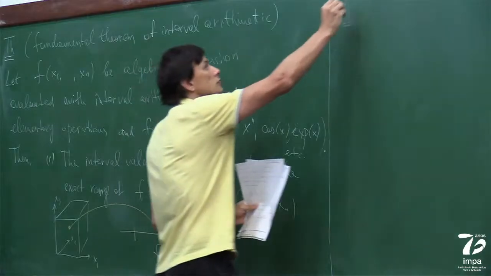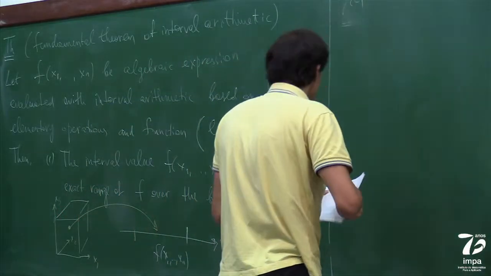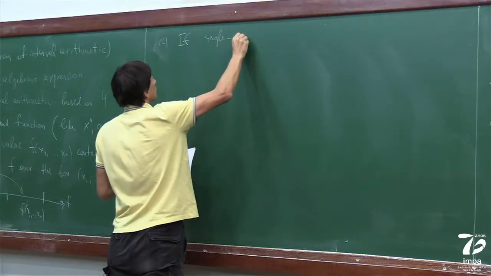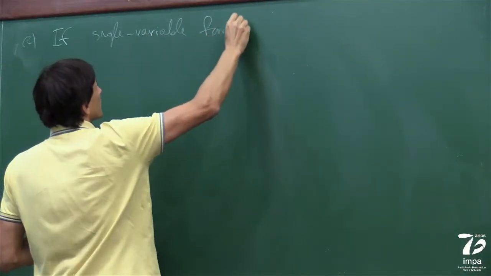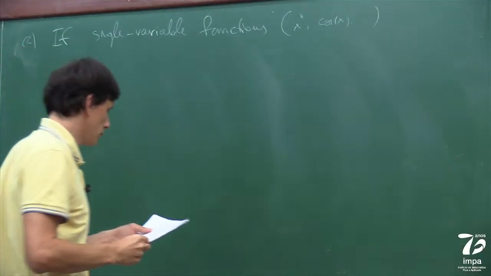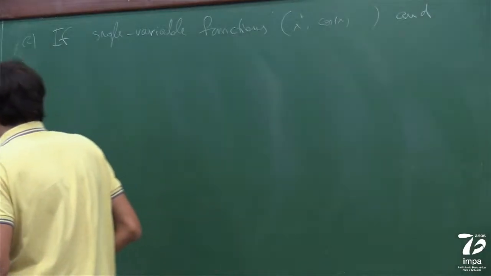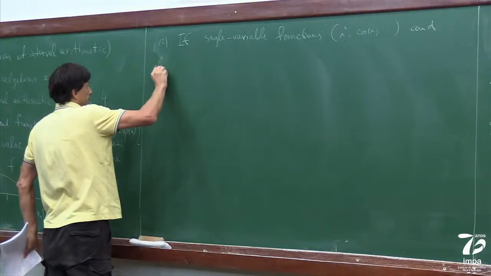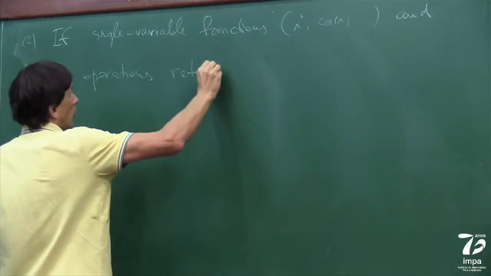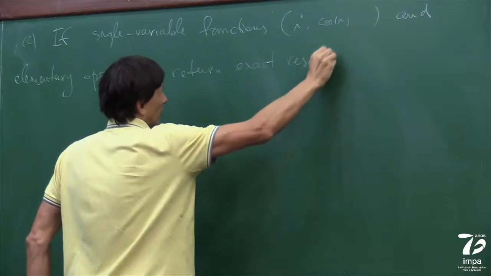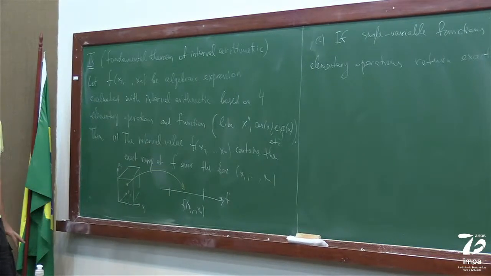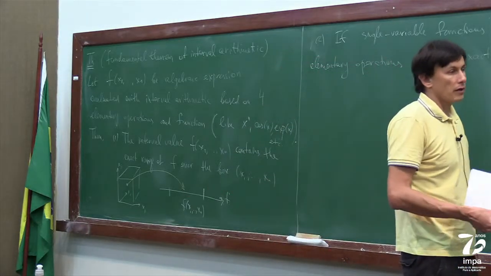Now we will have the second part of the theorem, which tells that if single variable functions, x^n, cosine x, and so on, and elementary operations return exact results, so it's just assuming that everything is computed with interval arithmetic exactly, forgetting about round-off errors, then what is the optimal way to compute a function?